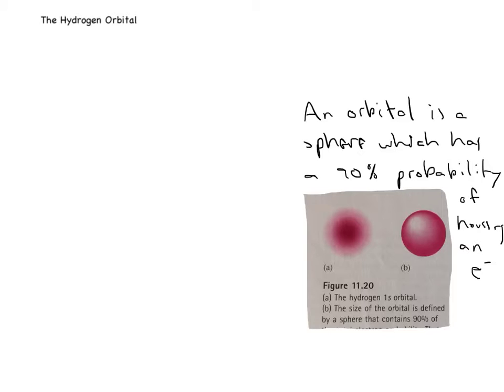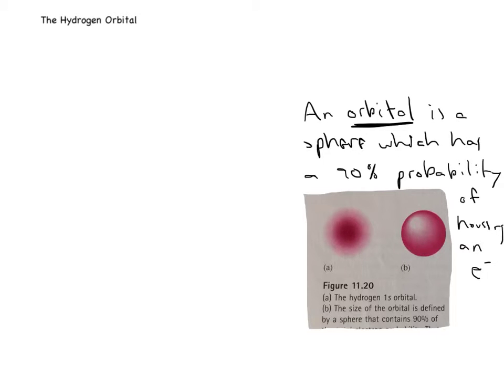So an orbital, here's our word, is a sphere which has a 90% probability of having the electron in it. So this is hydrogen's orbital. So what we can say is, if this is the space where 90% of the time the electron spends its time, then we can make it a solid sphere and say that that is an orbital.